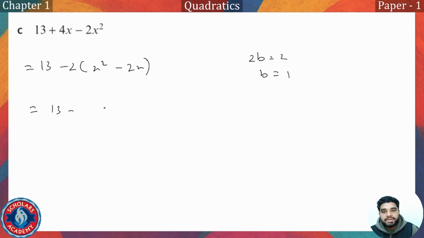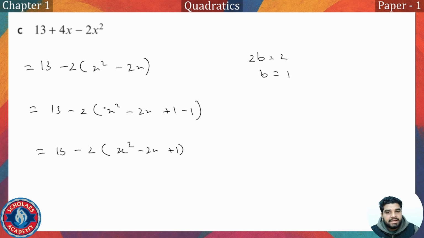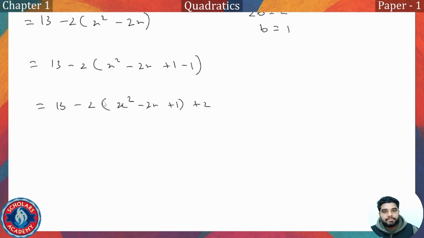So what we'll do, 13 minus 2 x square minus 2x plus of 1, because b square is 1, and minus of 1. We get 13 minus of 2, and over here it is x square minus 2x plus of 1, and negative 1 goes out, multiplies with 2, it gives us 2. 13 plus 2 is 15 minus 2, and completing this whole square, x minus 1 whole square.